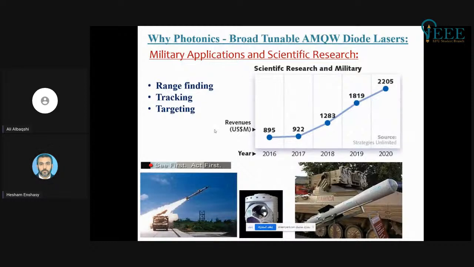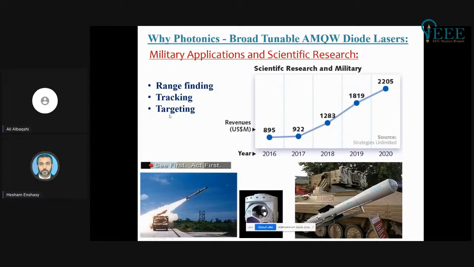Military is a very important field. And when we talk about military for photonics, we are talking about range finding, tracking, targeting, laser missile systems, and so on. All of that is basically the address for advanced countries.